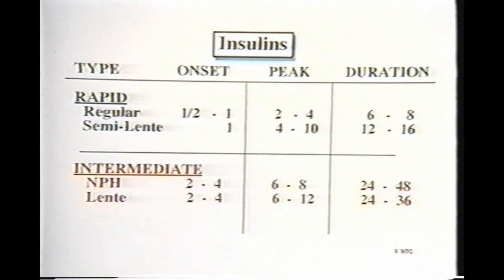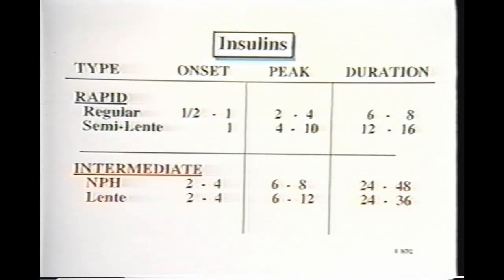Now if we look at NPH insulin, we note that NPH doesn't even kick in for 2 to 4 hours. It peaks in 6 to 8 hours, about the time that regular is quitting, and lasts all day. So if the question was asked about when would you expect to get hypoglycemic reaction from NPH insulin, the answer is going to be something like mid-afternoon in your 6 to 8 hour time frame.